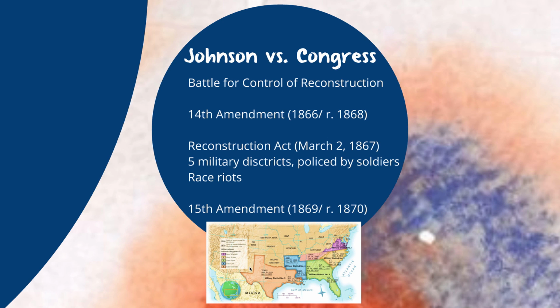And so the Civil Rights Bill is known as the 14th Amendment, okay? The 14th Amendment is passed in 1866 after defeating a presidential veto and gets ratified in 1868. So Congress has the votes. They override the presidential veto, right?